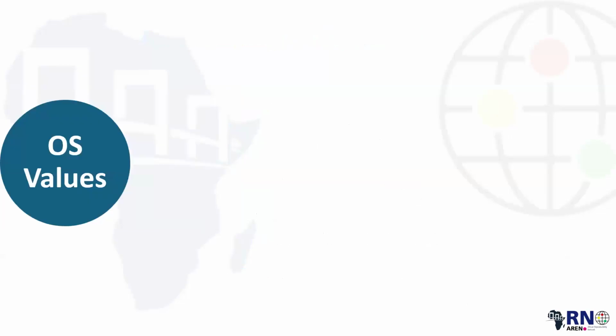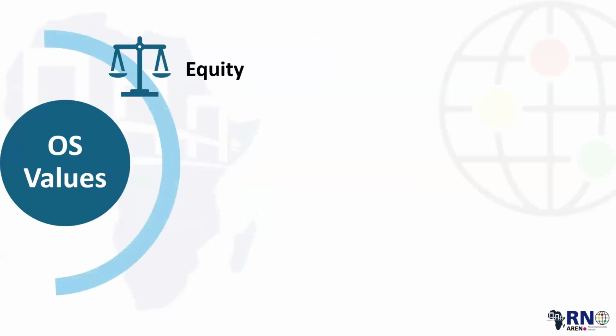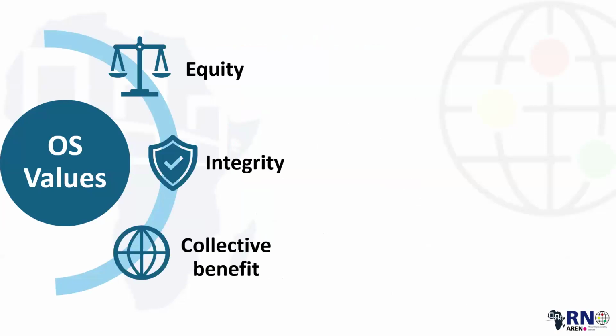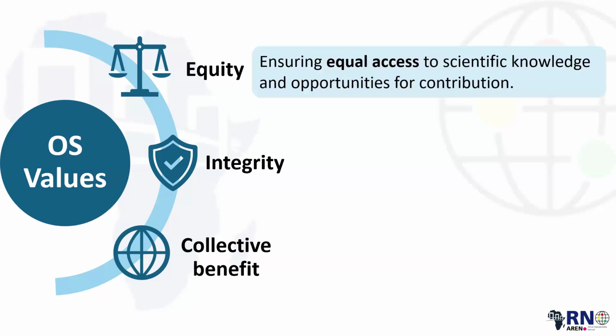So let's start with the open science values. And these are mainly equity, integrity, and collective benefit. These are the open science values. And by equity, we mean that everyone has equal access to scientific knowledge and opportunities for contribution. So everyone gets a chance.